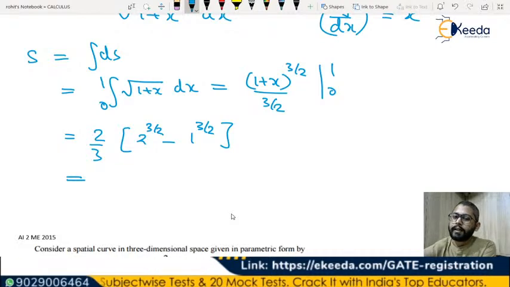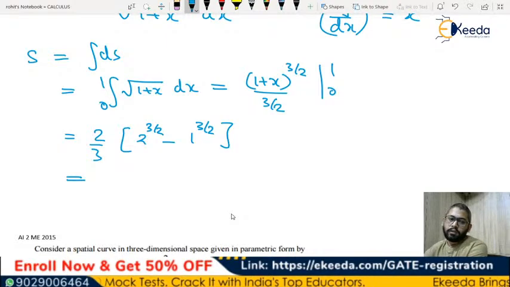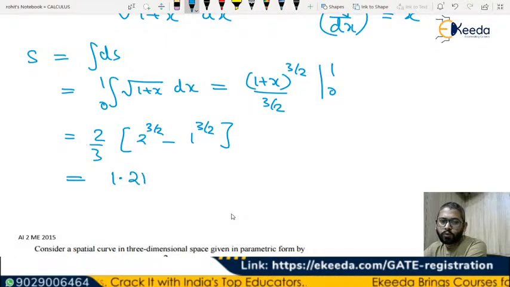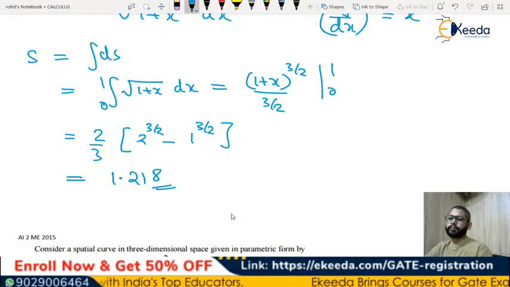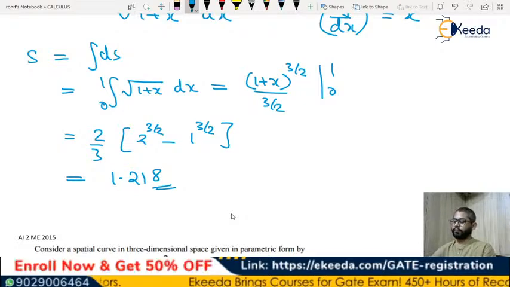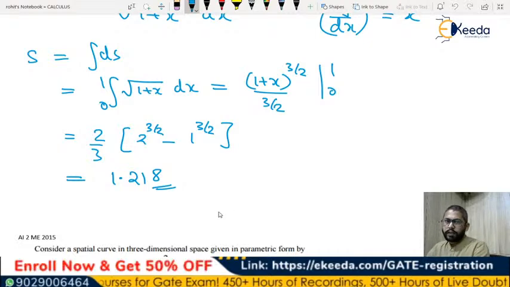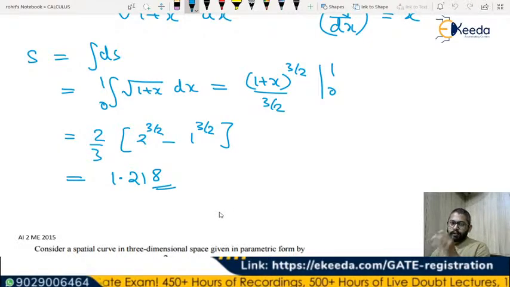You can make the calculation there and find it. I think the answer is around 1.218. Right? Finding the length of the curve.